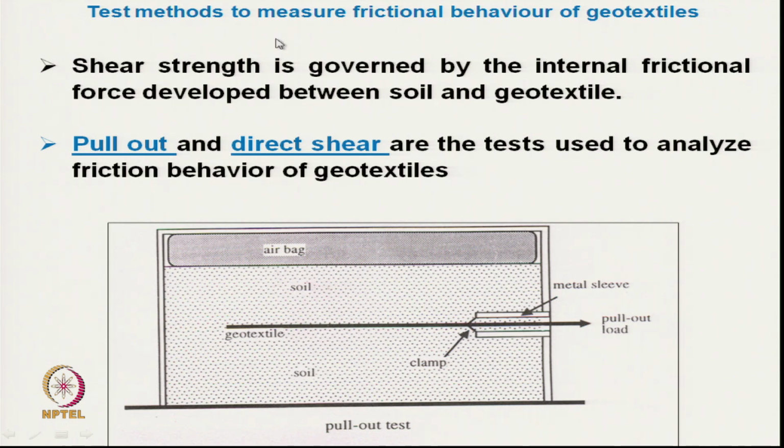and this shear strength between soil and geotextile is measured using two techniques. One is pull out test, another is direct shear test. In the pull out test, a geotextile is placed inside the soil and it is being pulled out.